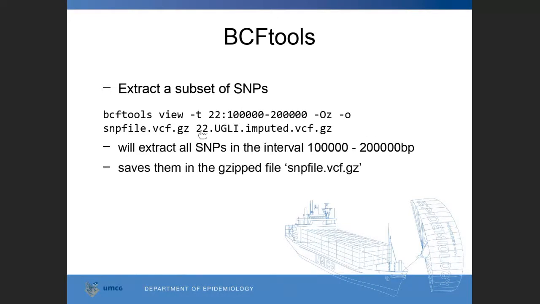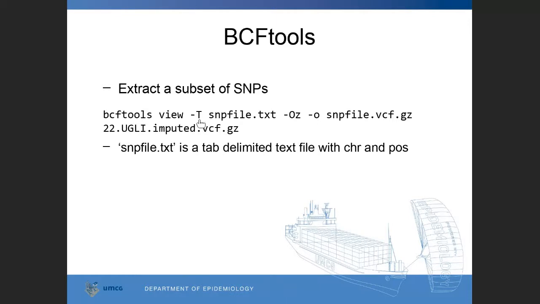So here with this small t, you can give in an interval. Alternatively, with capital T, you can give in a list of SNPs. So that's more convenient. You could have an interval if you are interested in a specific gene. Or if you're interested in specific SNPs, for instance from GWAS hits, you can have a list of SNPs that you want to extract from the file.